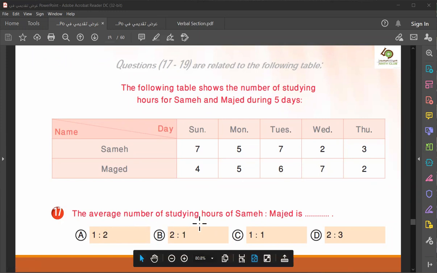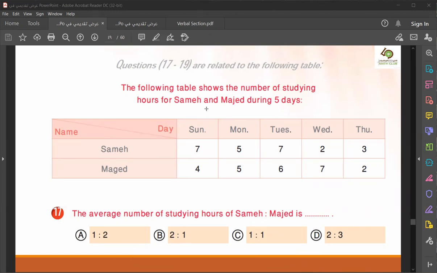The average number of studying hours of Sameh and Majid. Where is Sameh? Sameh, you add here, look, and we want to find the average. How to find the average? You add and divide it by the number.